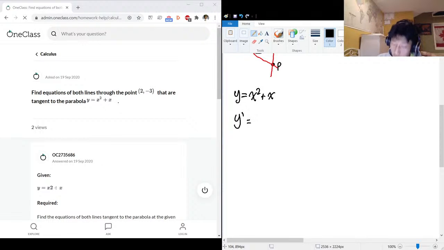The derivative of this, we bring the 2 down, we subtract 1. So we get 2x for the first term, 2 times x. The second term, the derivative of x on its own is just its coefficient, which is 1. So y prime is 2x plus 1. Super.